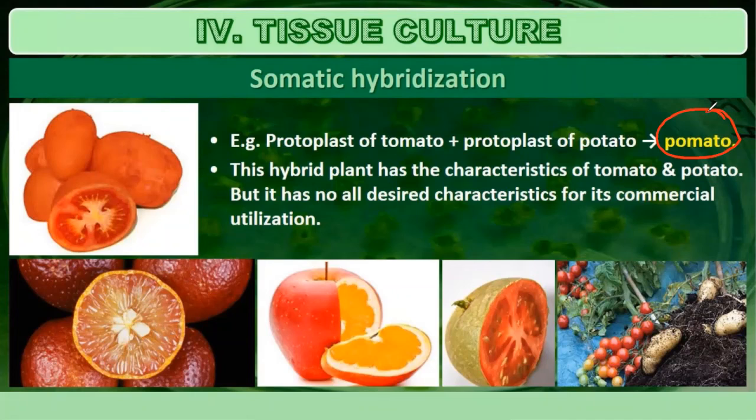A few more examples are the fusion of sweet lime and orange, and here you can see apple and orange. Such methods like somatic hybridization are used to get the characteristics of two different organisms in a single organism.